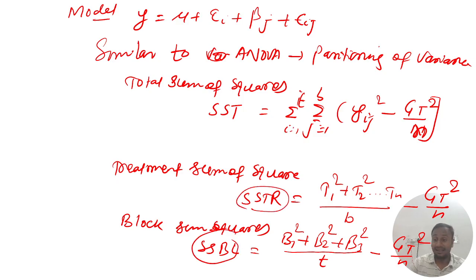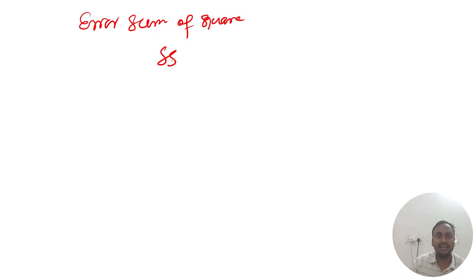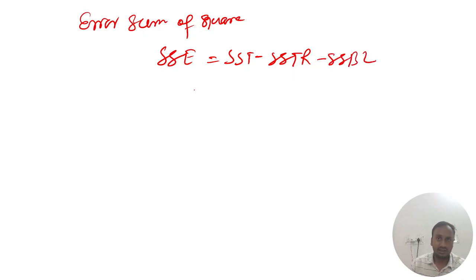So now we'll calculate the error. Error sum of square, SSE, will become total minus SSTR minus SSBL. Ti is actually a treatment total.